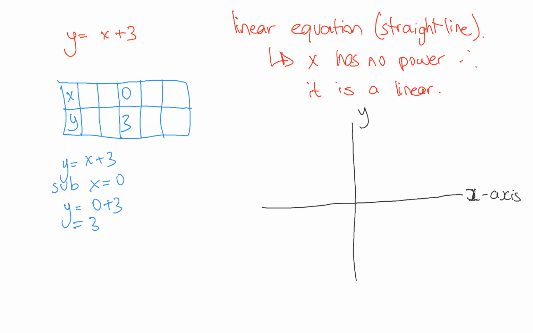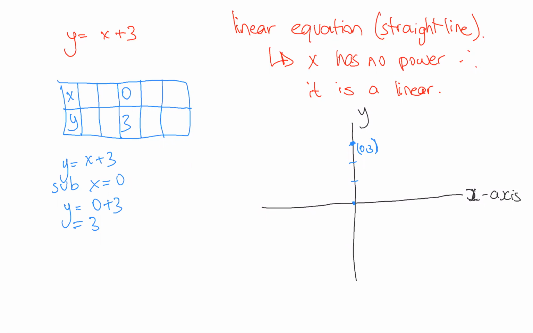So when x equals 0, which is that point, y is equal to 3. 1, 2, 3. So my line is going to go through that coordinate. Let me put the 0, 3 coordinate there.